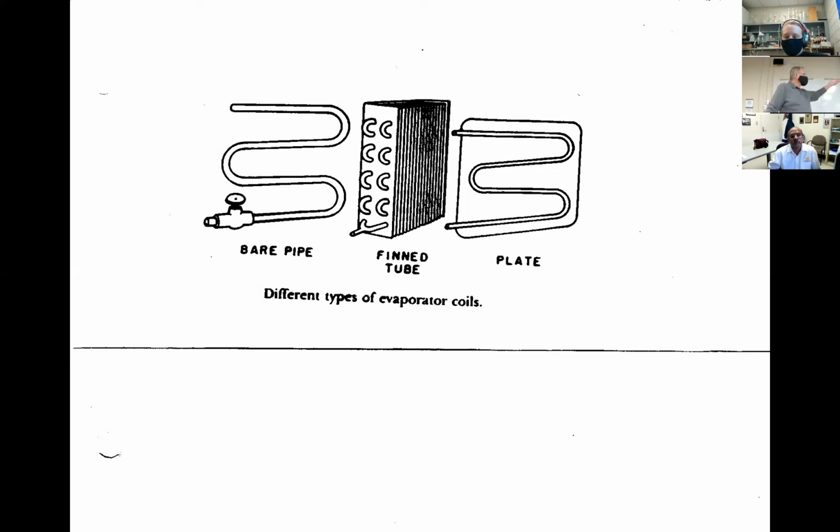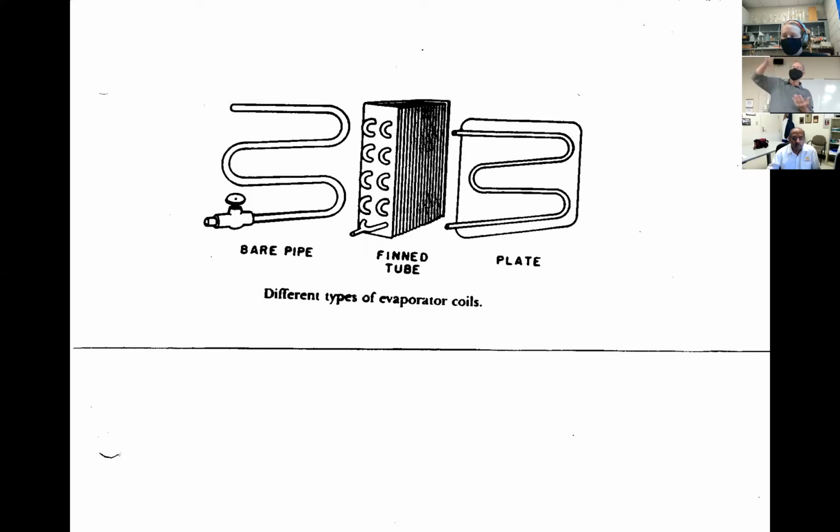You can take the bare pipe. It's again looking at different configurations. The bare pipe, then you have the fin tube where you literally have the tube floated through the fins. The benefit here is you've got more surface area. Same with the plates. Some of you will recognize the fin tube on the back of your refrigerator.